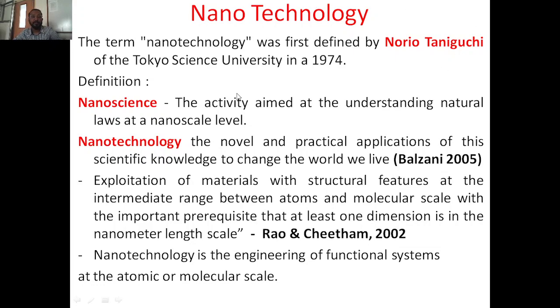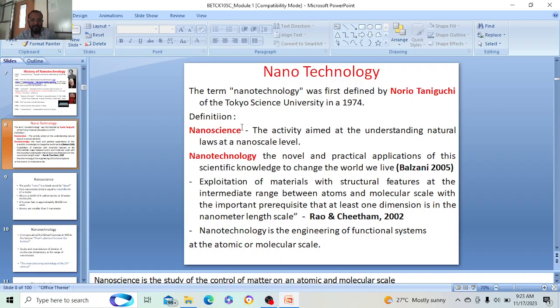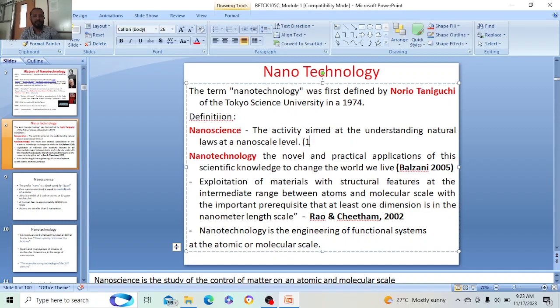Science is the understanding of natural laws. And here, what is nanoscience? It is at the nanoscale, but we cannot just write nanoscale here; we have to mention the range, 0 to 100 or even 200 nanometers.